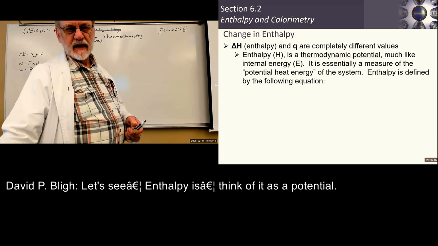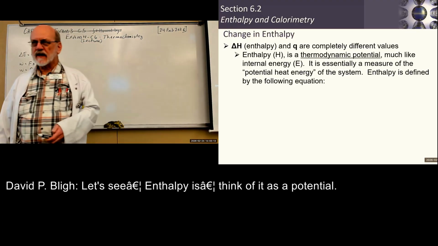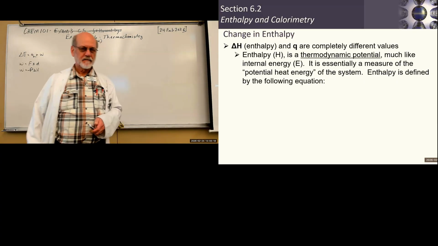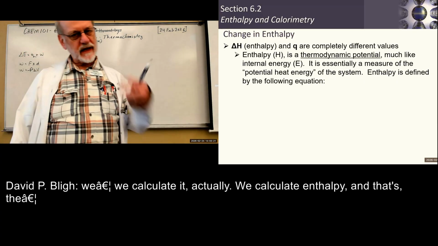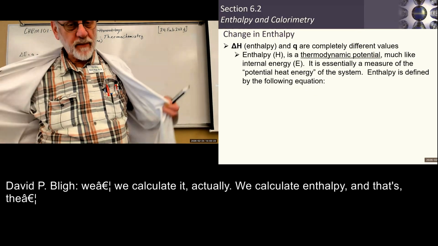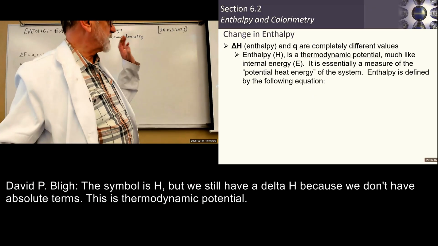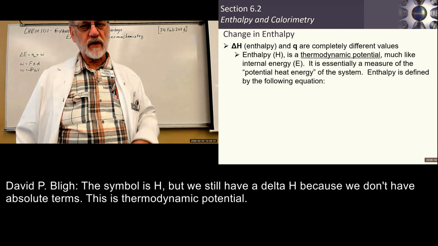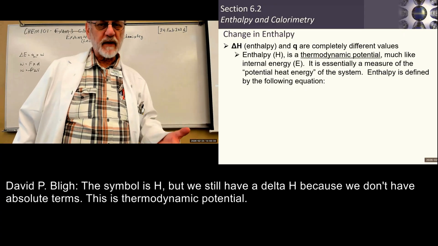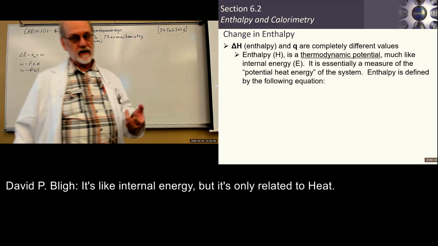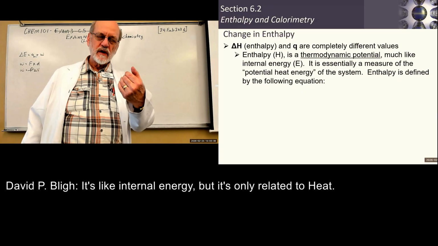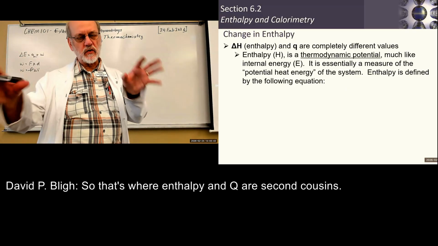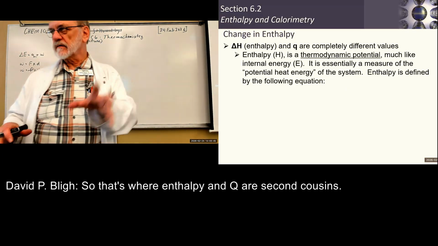Enthalpy, think of it as a potential, right? We don't have to measure it. We calculate it, actually. We calculate enthalpy, and the symbol is H, but we still have a delta H because we don't have absolute terms. This is a thermodynamic potential. It's like internal energy, but it's only related to heat. So that's where enthalpy and Q are second cousins.